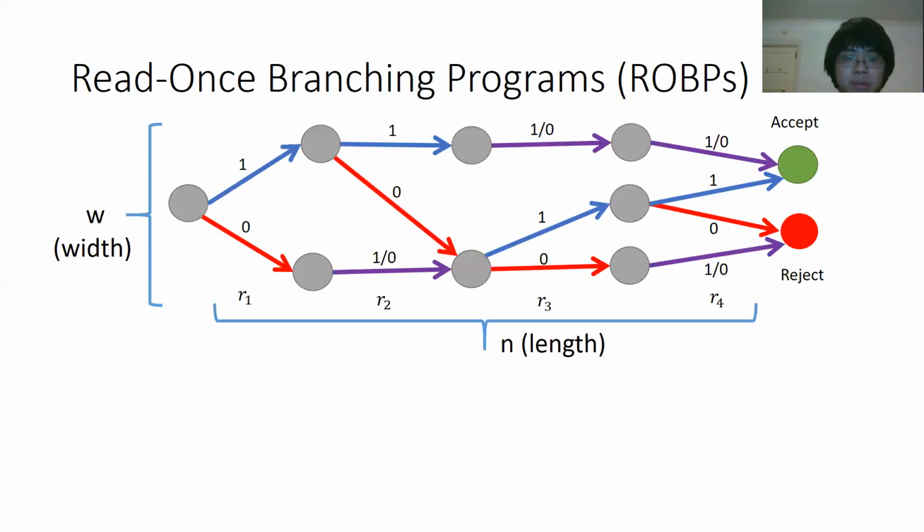The usual way to model this randomized space-bounded computation is by read-once branching programs. A read-once branching program is a graph with n layers, and in each layer there are at most W nodes, where W is called the width of this branching program. From each node there are two edges with labels 1 and 0 respectively.